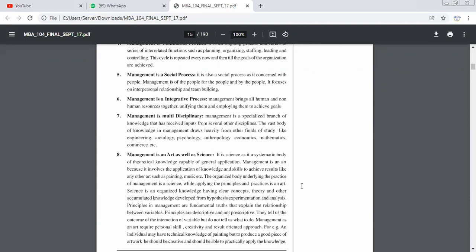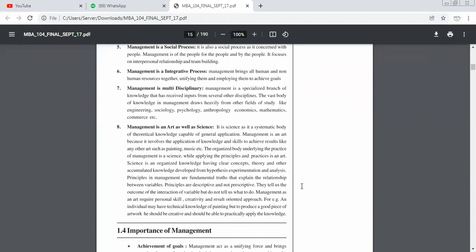The organized body of knowledge underlying the practice of management is a science, and applying the principles and practice is an art. The application, or we can say the practice, is called the art of management. How to manage that thing? That is an art.